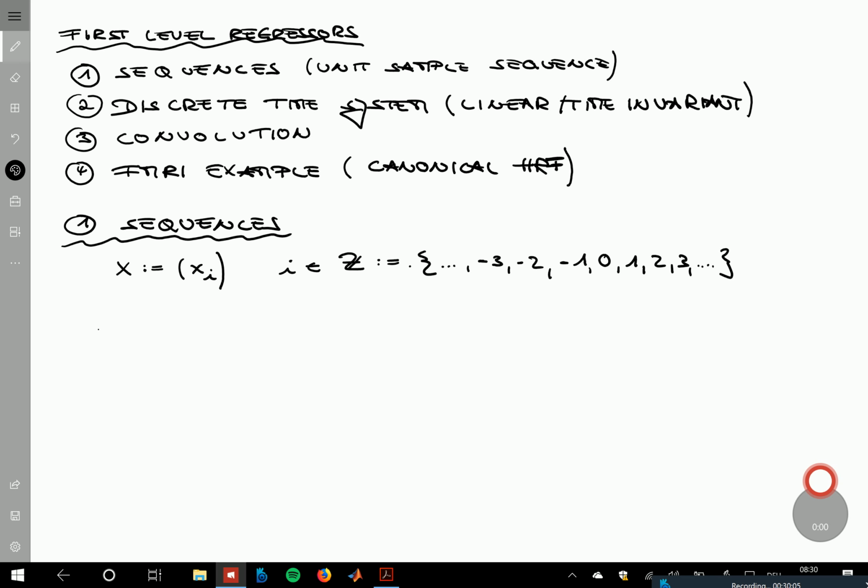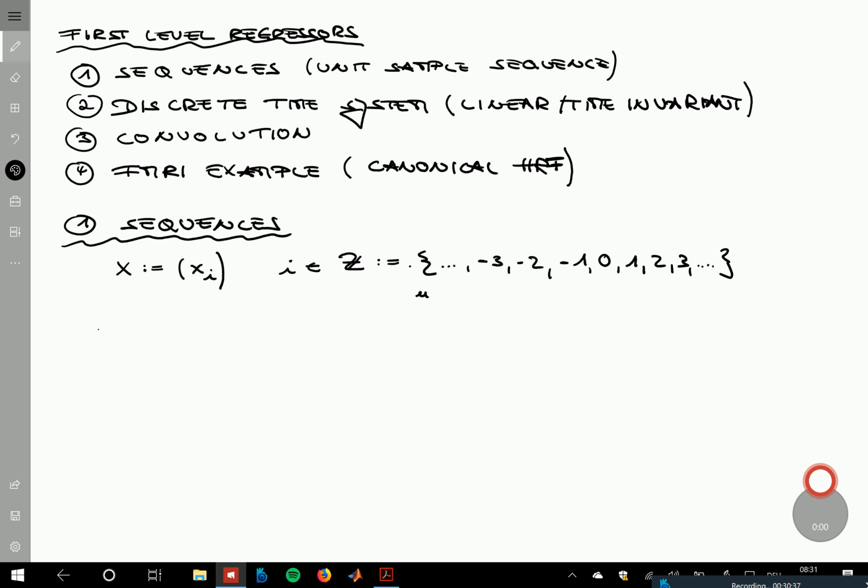You can also think of them as vectors if you want, which is actually quite natural if you think about sequences and the GLM, because our data, Y in R^n, is also a sequence. It's a finite sequence, so there are n entries, but the order matters.